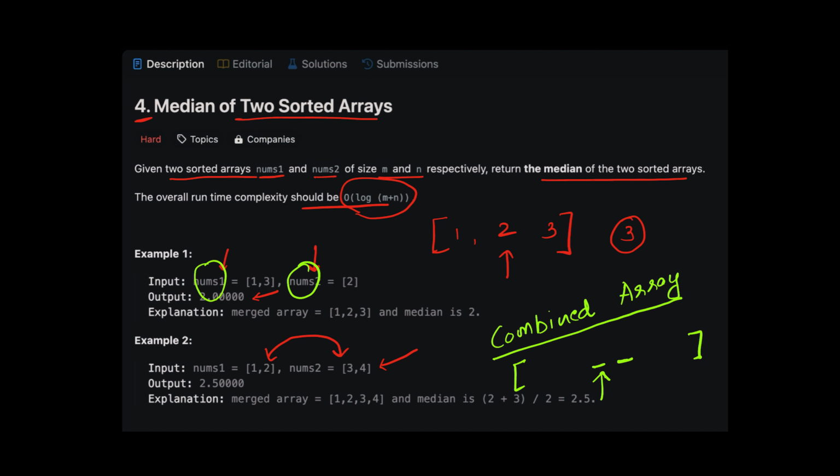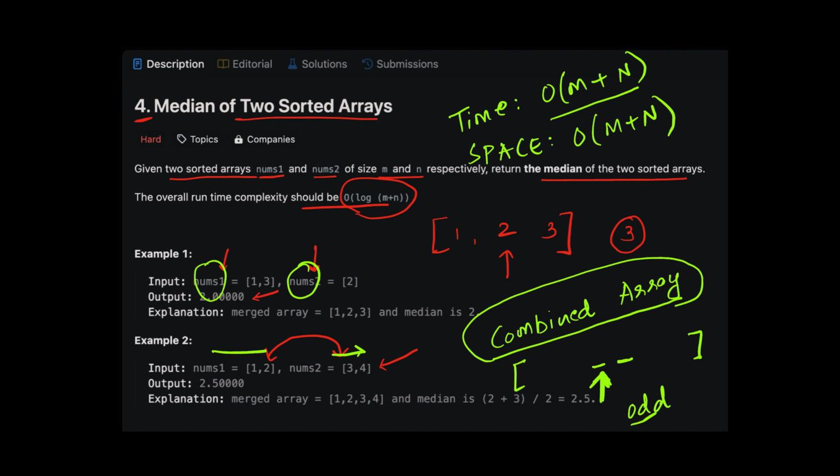Either take the centermost element or calculate the average of the two elements in the center. But with this solution, our time complexity will be O of m plus n, as we are running the iteration on both nums1 and nums2 to build the combined array. And the space complexity is also going to be the same, as we are creating a combined array of all of the elements in nums1 and nums2.